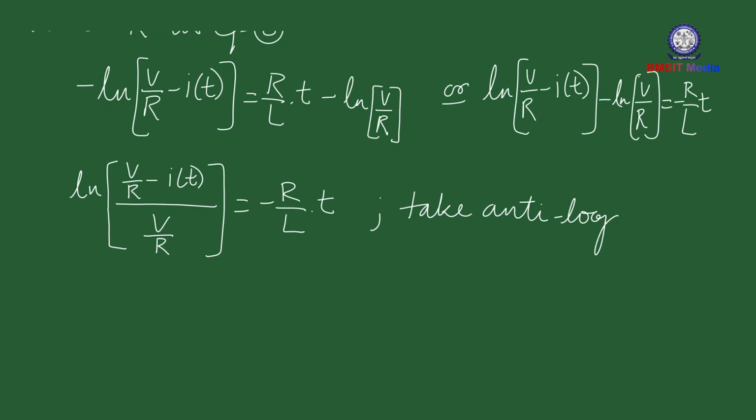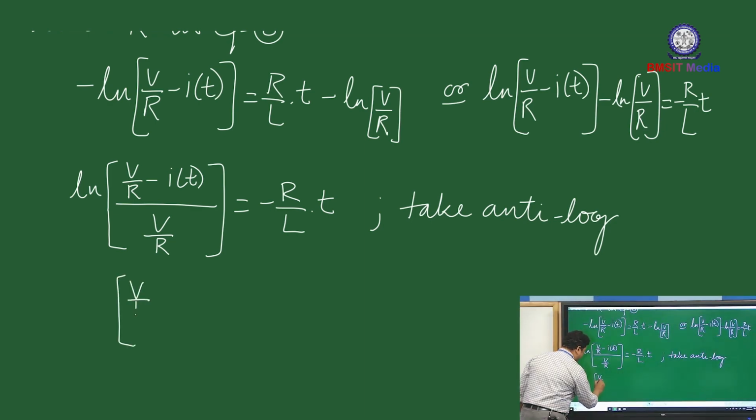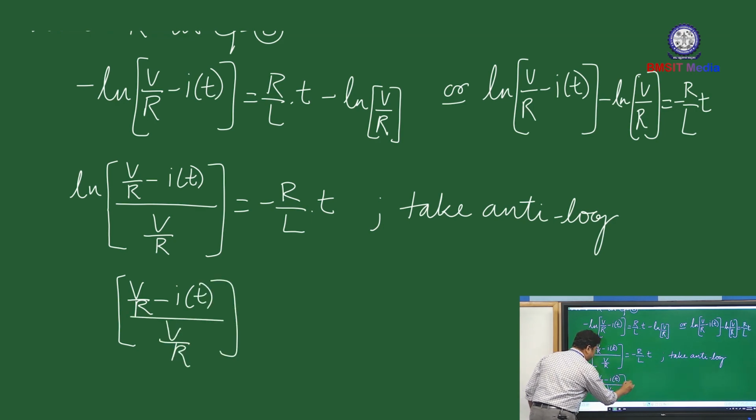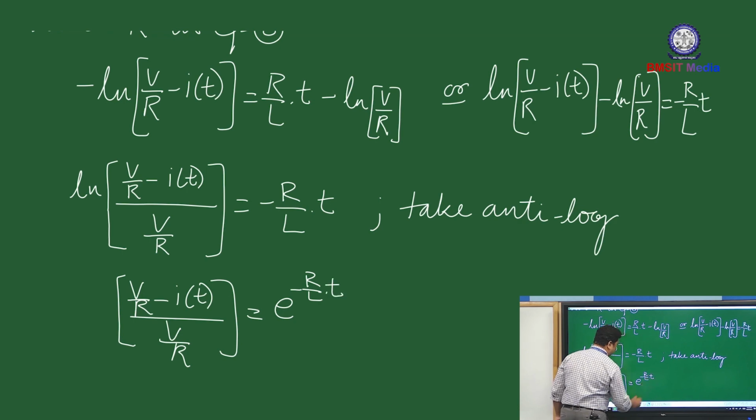So what we get here is (V/R − I(t)) divided by V/R equals, so when I take anti-log of this RHS, it will become exponential. So e to the power minus R/L into t.